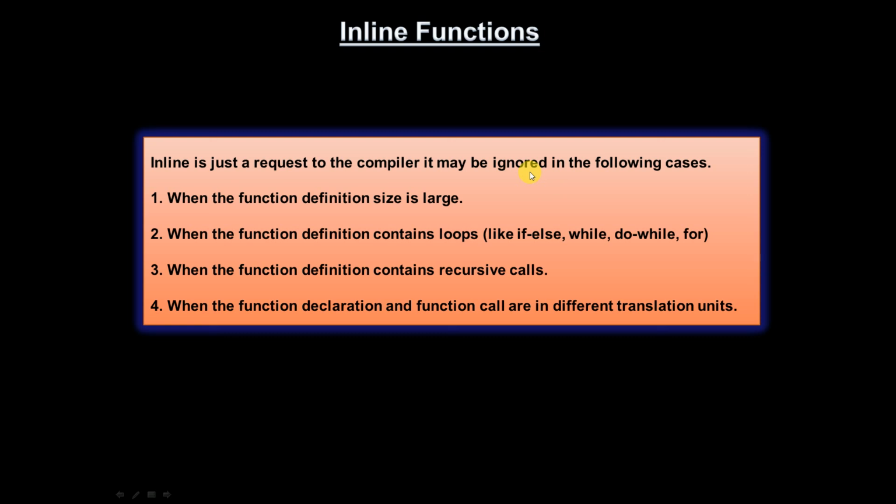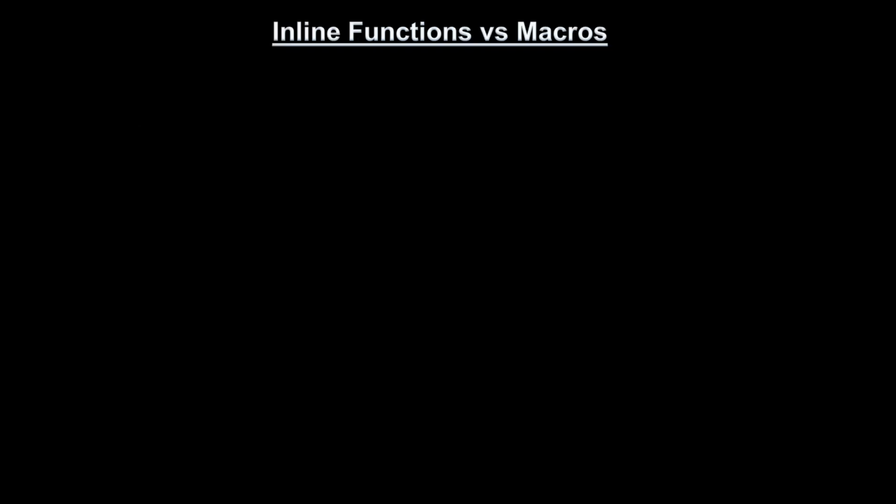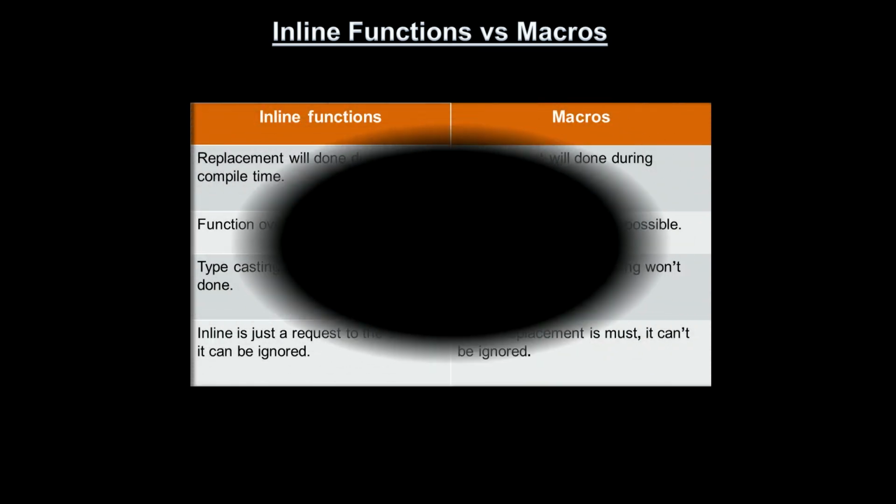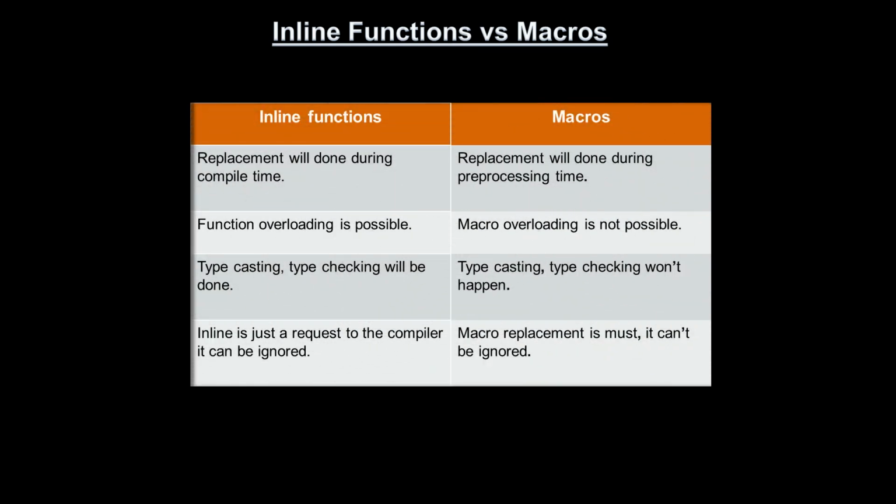Now, what is the difference between inline functions and macros? We are just recollecting what we have discussed. Inline function replacement will be done during compile time. Macro replacement will be done during preprocessing time. With respect to inline functions, function overloading is possible, just like a normal function.